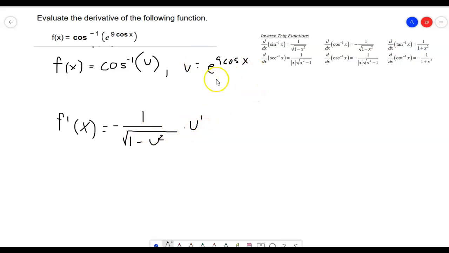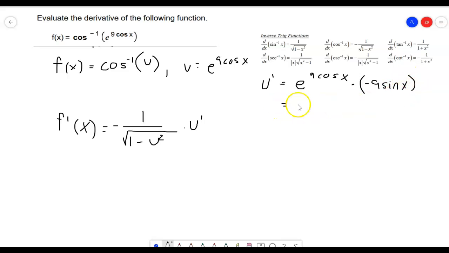So let's go ahead and figure out what the derivative of u is going to be off to the side here. The derivative of u is going to be equal to the derivative of this, which is applying the chain rule again. So the derivative of e to the something is just e to that something, e to the 9 cosine of x, times the derivative, so we apply the chain rule again, times the derivative of this, which is equal to, the derivative of cosine is negative sine, so this is times negative 9 sine of x.